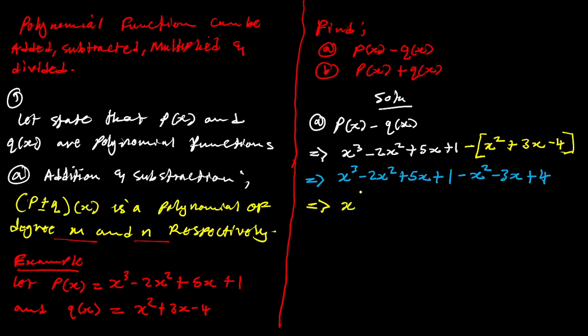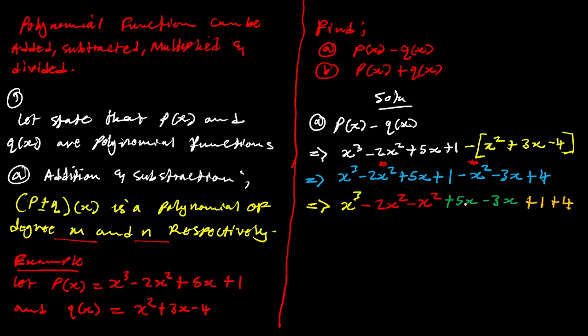Then after you are done with the second degree, you go with the first degree, which is plus 5x and then minus 3x. Then you get the constant values, positive 1 and positive 4. So these are the like terms, and I haven't changed any of the signs.